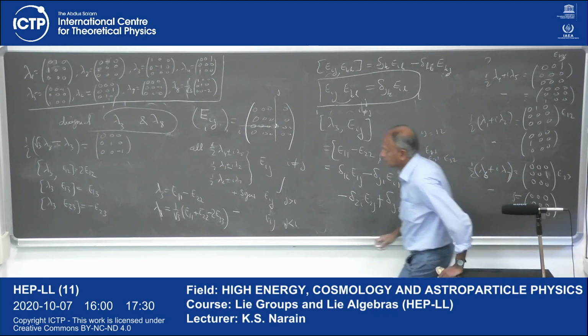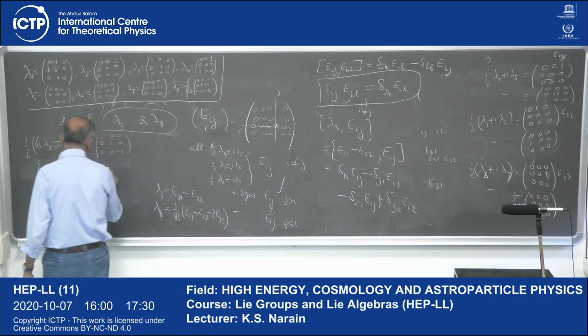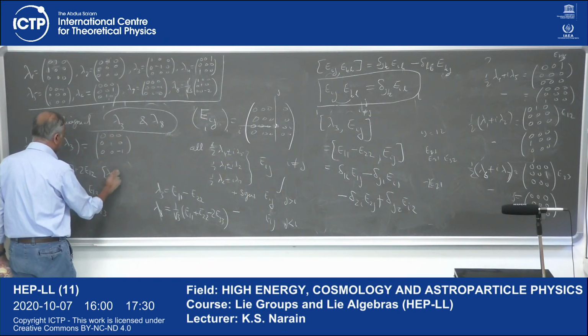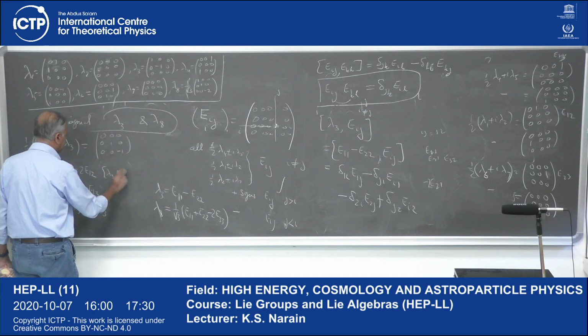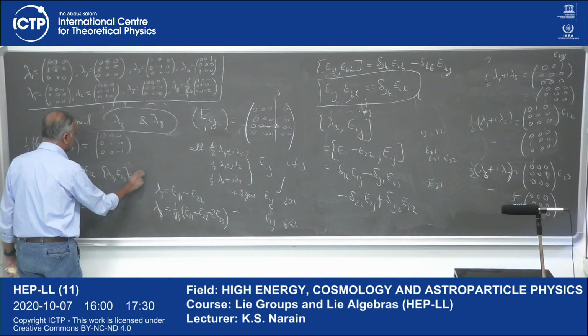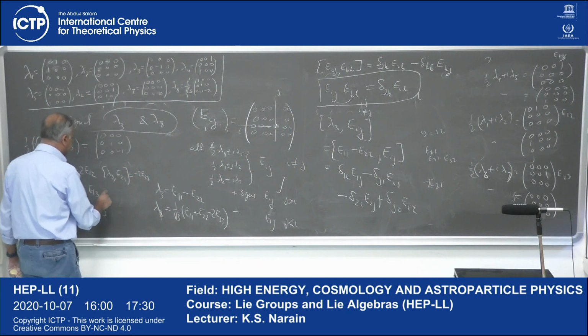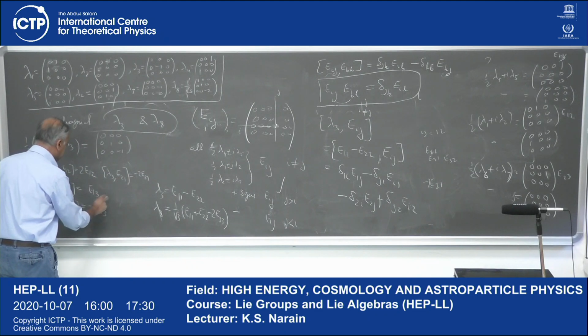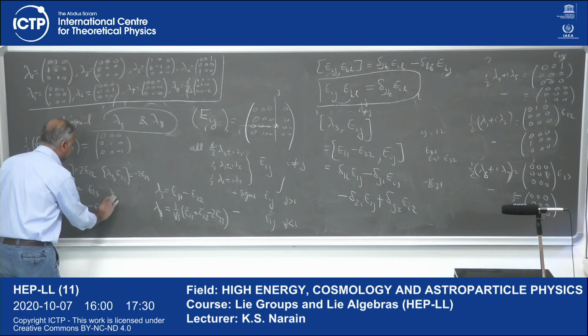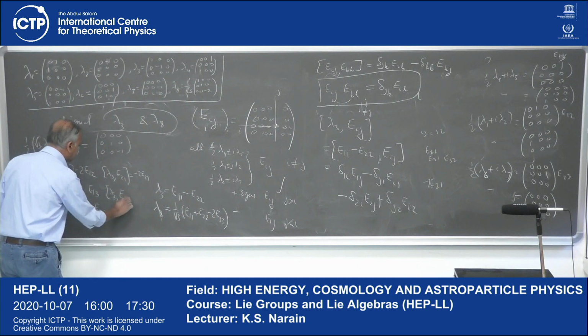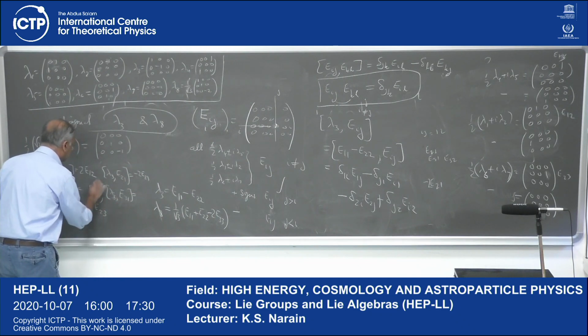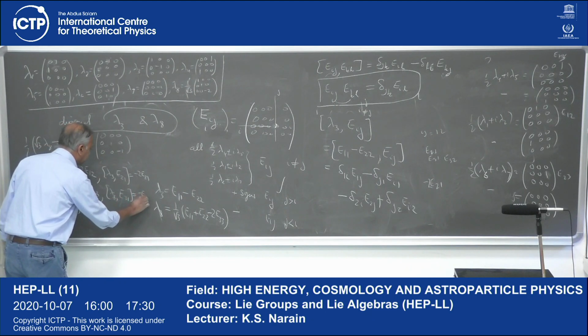Okay. So we conclude here that lambda 3 with E21 is minus 2 E21. And you can check all of them that the sign just changes. So lambda 3 with E31 should be minus E31.